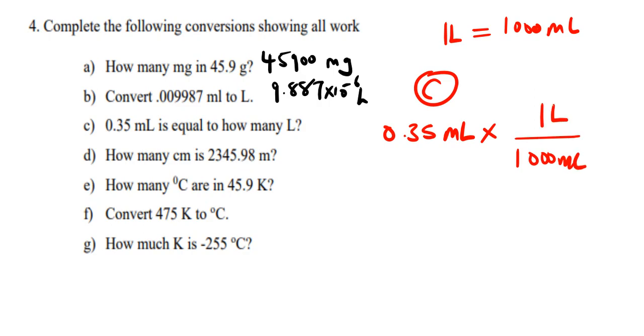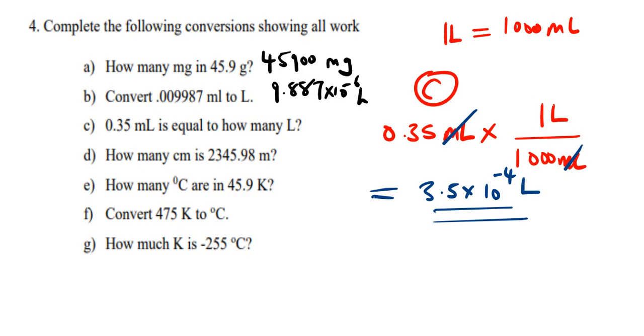Then we cancel the milliliter. So we are dividing 0.35 by 1000. And what are we going to have? I'm having 3.5 times 10 to the power negative 4 liters. We have converted to liters.